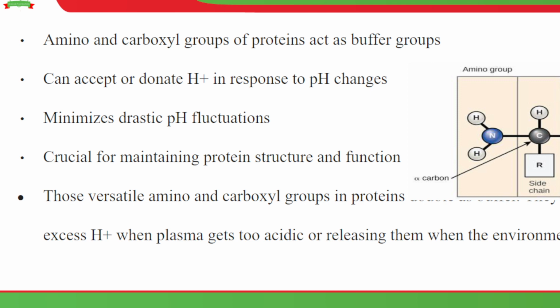Keeping that pH constant or within check is what maintains the structure and functioning of these amino acids. So those versatile amino and carboxyl groups of protein are the ones that help in this process. They try to grab the excess hydrogen ions when the plasma gets too acidic, or release them when the environment becomes alkaline. So that's basically it for buffers.